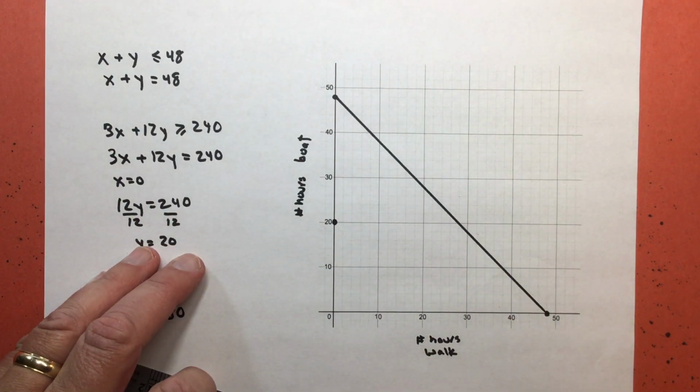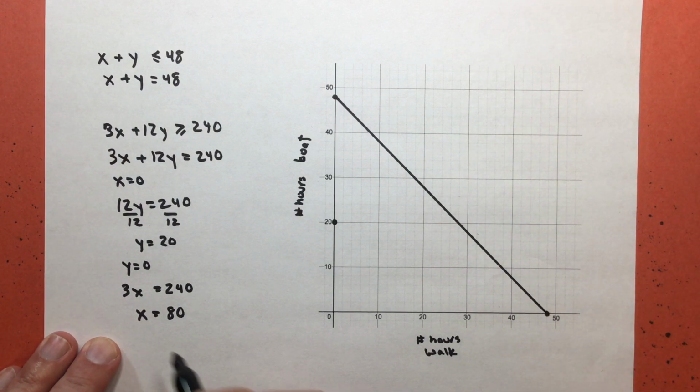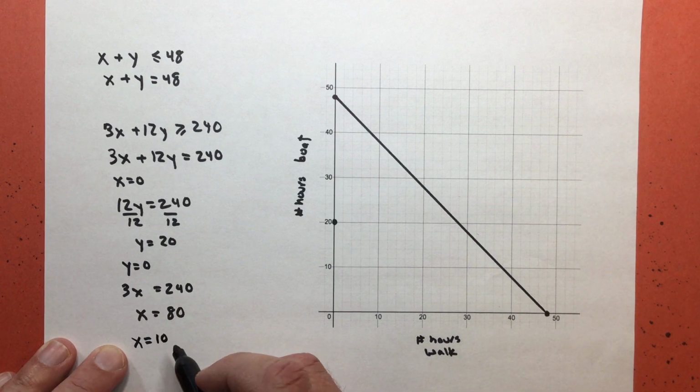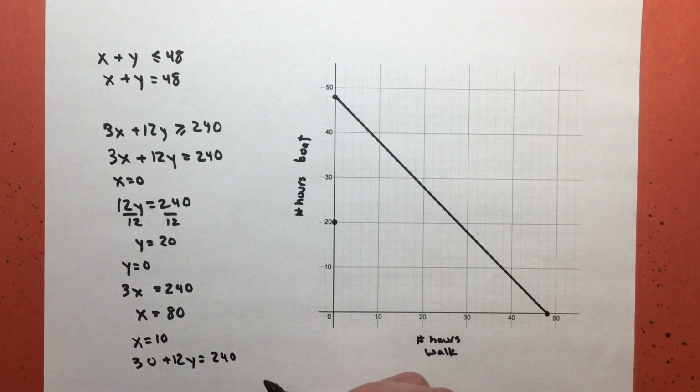I want to check one point real quick before we do this. I could try x equals 10. If I try x equals 10, I get 30 plus 12y equals 240. I'm going to do some math here real quick.